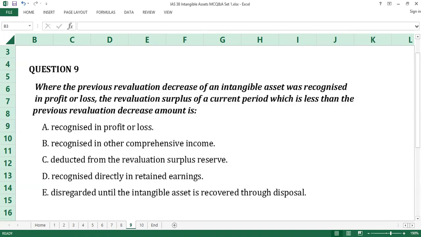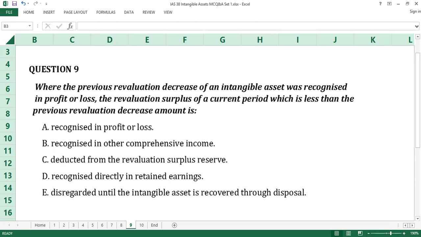Question number 9. Where the previous revaluation decrease of an intangible asset was recognized in profit or loss, the revaluation surplus of a current period, which is less than the previous revaluation decrease amount, is dash. A. Recognized in profit or loss. B. Recognized in other comprehensive income. C. Deducted from the revaluation surplus reserve. D. Recognized directly in retained earnings. E. Disregarded until the intangible asset is recovered through disposal.